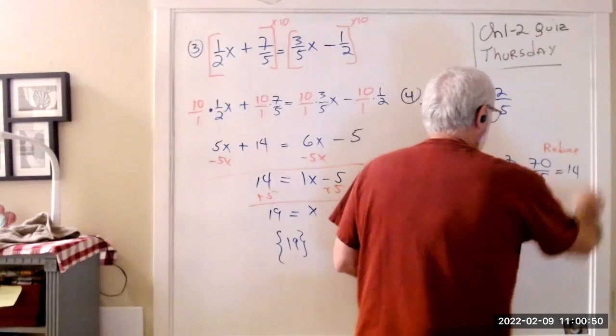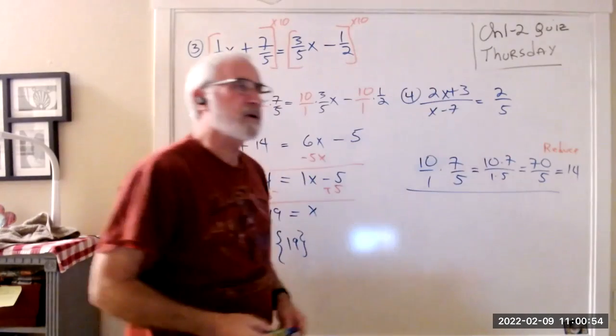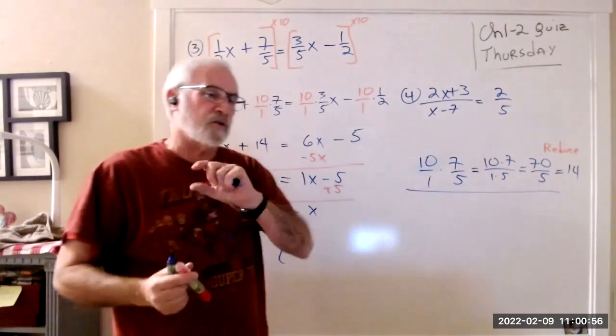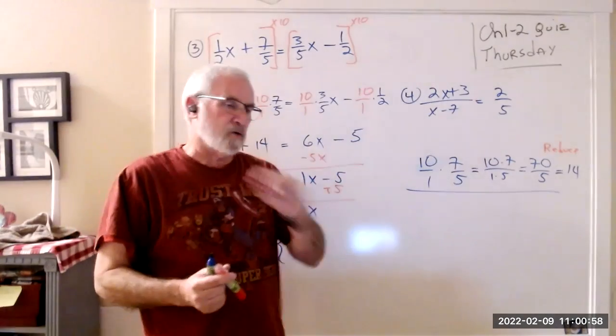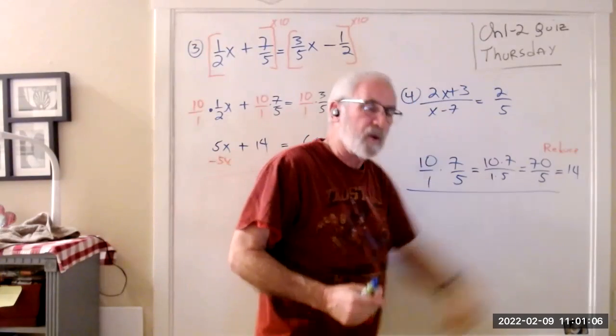Which is where we got 14 from. Now, that's the straightforward, no tricks, traditional way to multiply fractions. Top times top, bottom times bottom, reduce your answer.